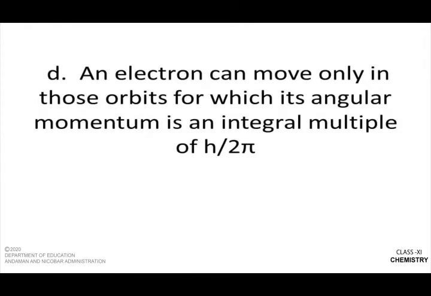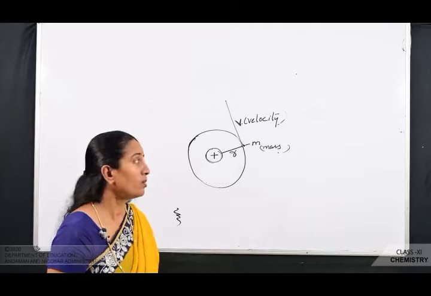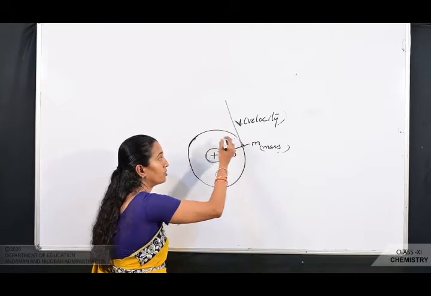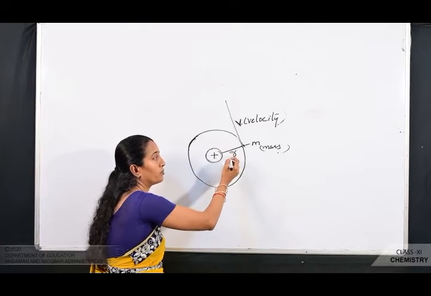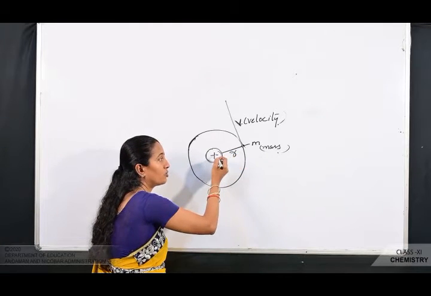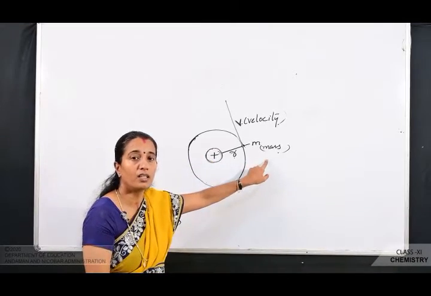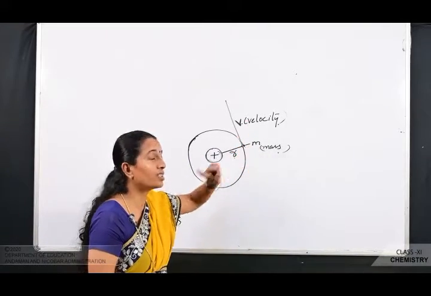In the fourth postulate, we will see that an electron can move only in those orbits for which its angular momentum is an integral multiple of h by 2 pi. How? Let us assume that an electron is revolving around the nucleus. The radius between the electron and the nucleus is r, the mass is m and the velocity is v.